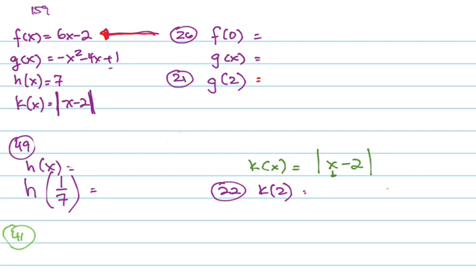Let me write it down. The outer shell: something squared minus 4 something plus 1. That is my outer shell. And then the variables are going to be replaced with 2. Now do the arithmetic.